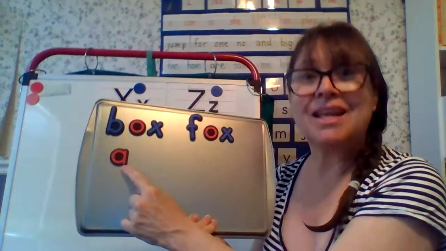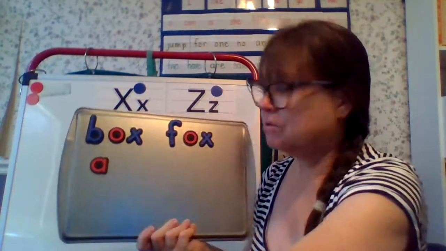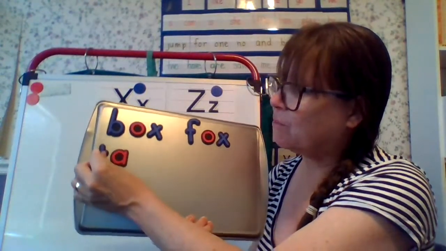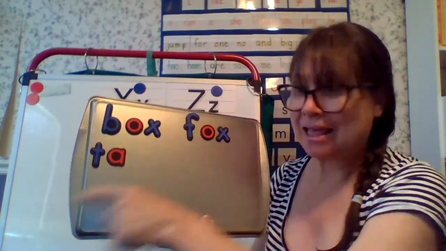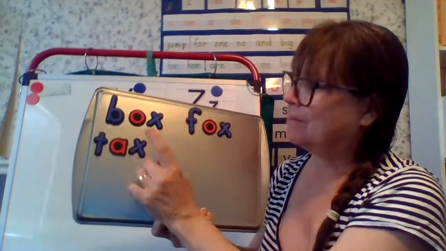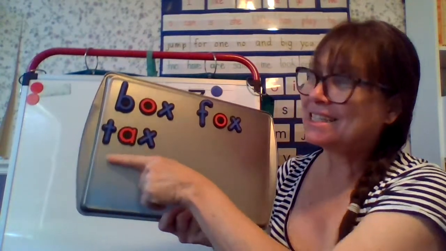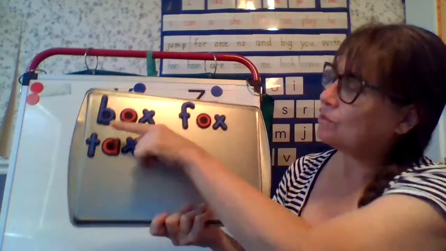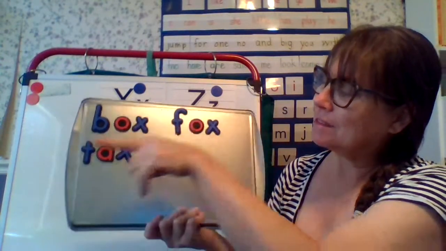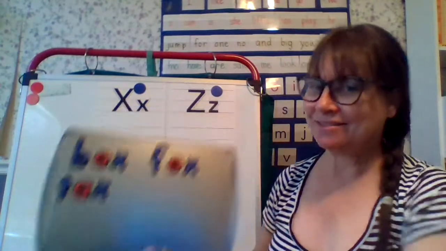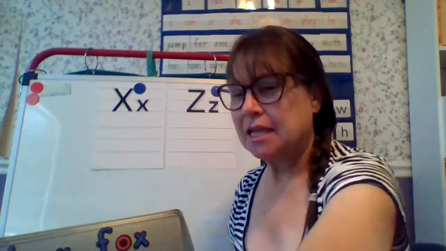What sound? Ah. So now I'm going to put a T in front and we're going to blend those two sounds together. Ta, x, tax. Read those three words with me. Box, fox, tax. Good reading.